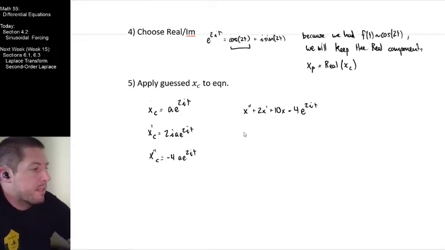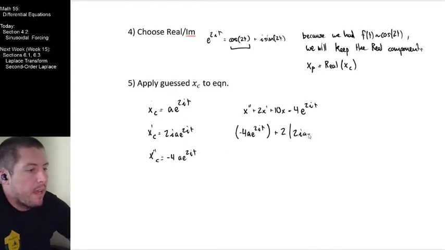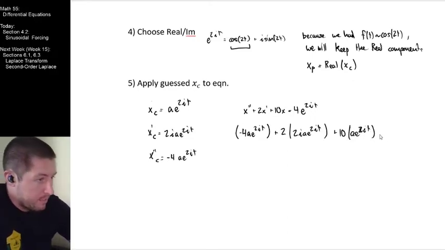So now I can go ahead and plug these guys in right here. I'm getting negative 4a e to the 2it for x double prime plus 2 times 2ia e to the 2it for x prime plus 10 times a e to the 2it for x, and that should be equal to 4e to the 2it.